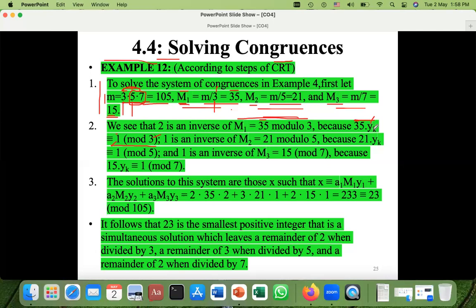When you put a 2 for the yk, it becomes 35.2, which is 70 after multiplication. Now divide that 70 by this 3. What is the remainder now?